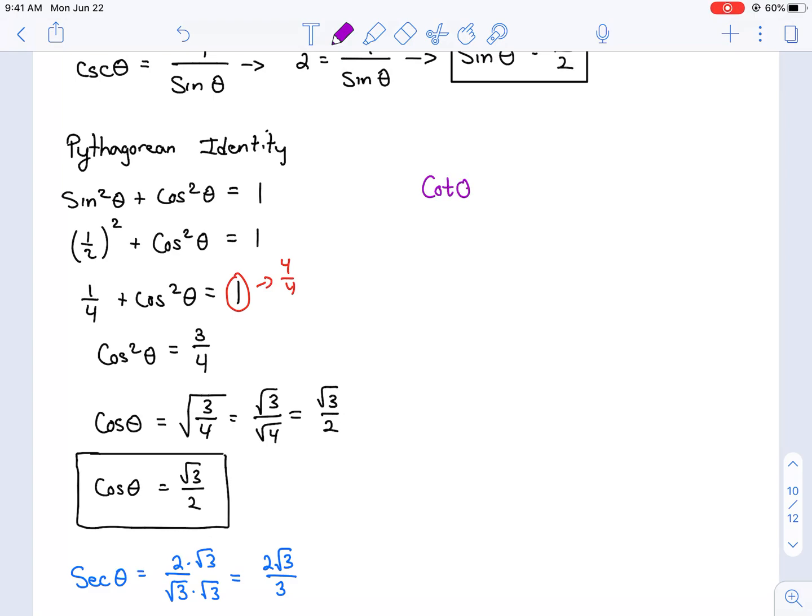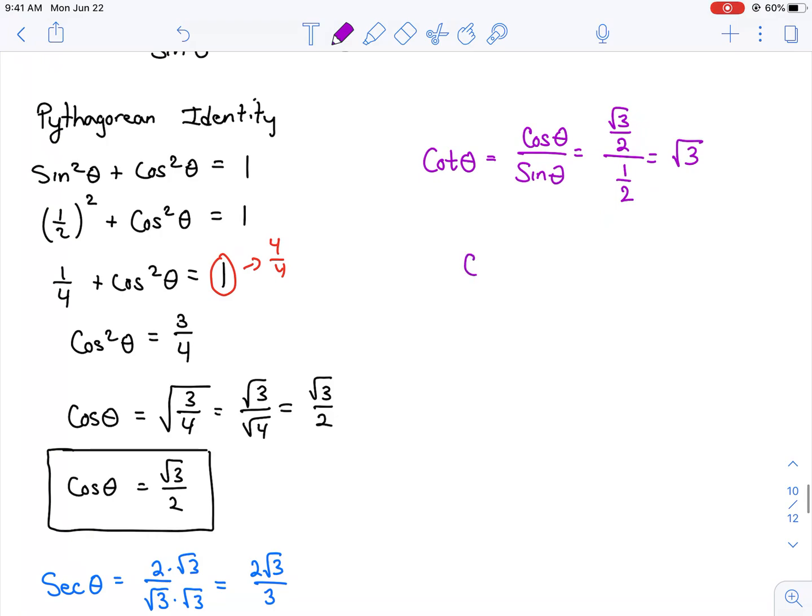So we want cotangent of theta, which is equal to cosine of theta divided by sine of theta. And that's equal to the square root of 3. So cotangent of theta is equal to the square root of 3.